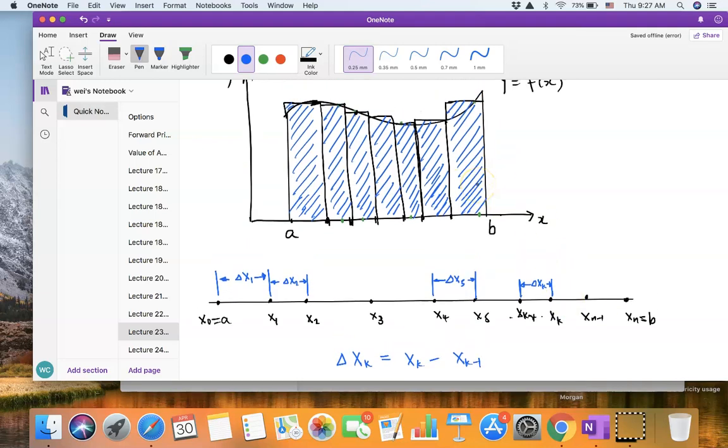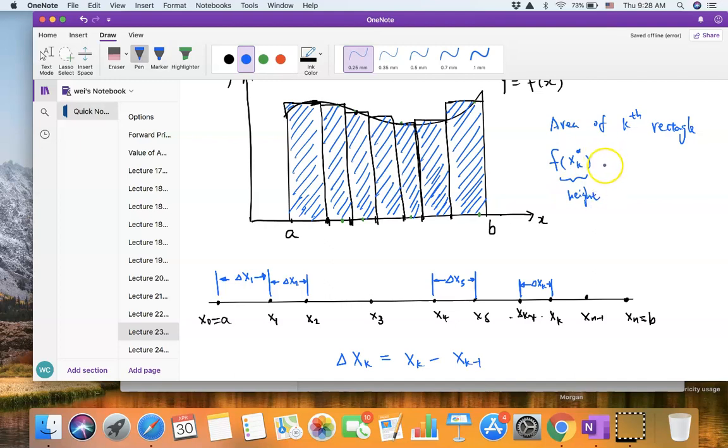Therefore, the area of the kth rectangle is going to be equal to the function value at a random point on the kth subinterval, which I call x sub k star. This gives us the height.